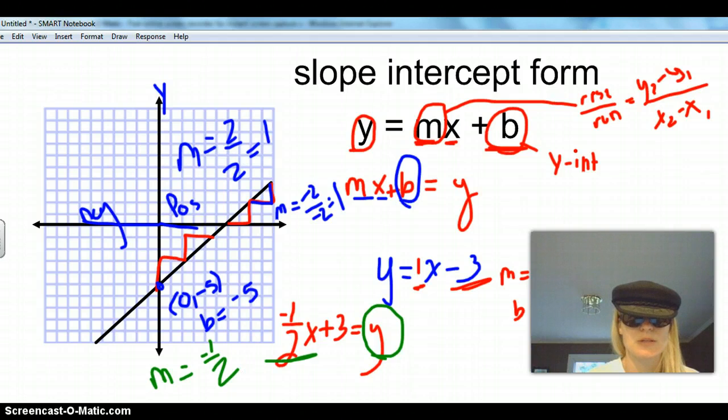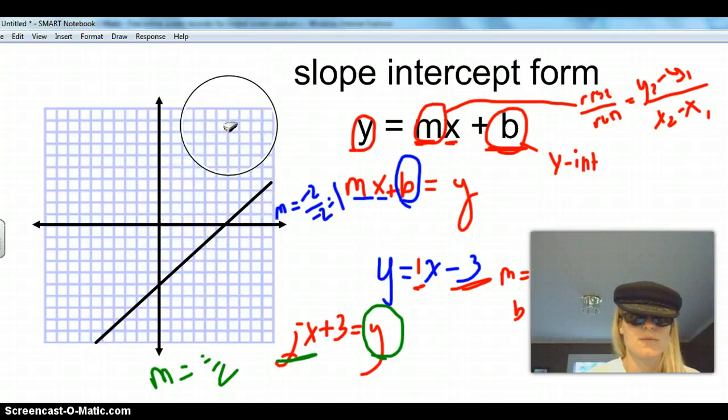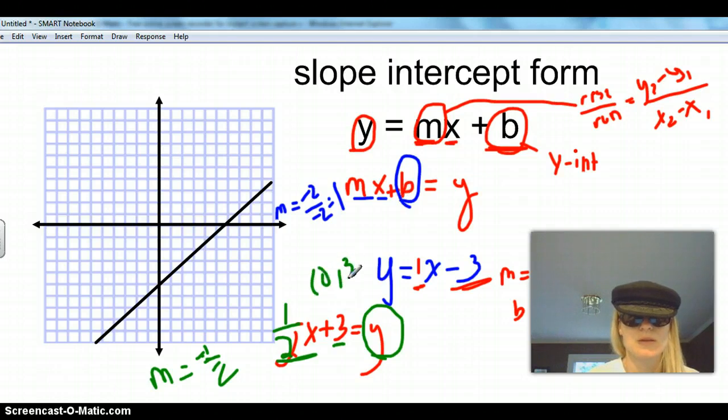And then if we were to put that on our graph, so we'd have -1/2. And then this is in the b position, right? Here's the b. So that means the y-intercept is at 0, 3. So I can graph any line given this.